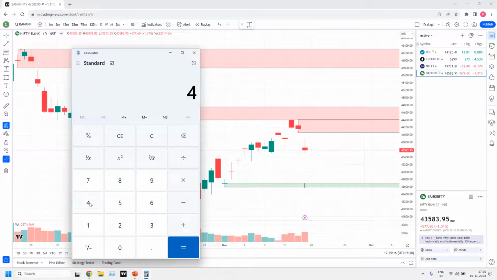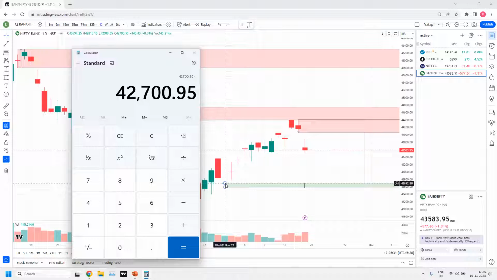42,700.95. Let me check again. 42,700.95 minus, what is the low of this candle? 42,589.65.